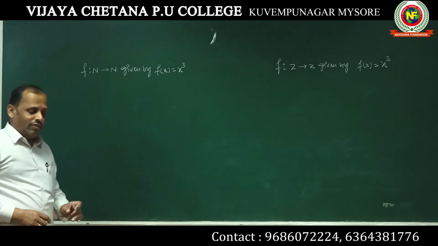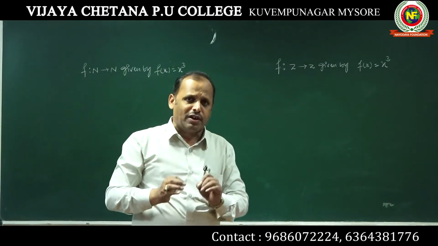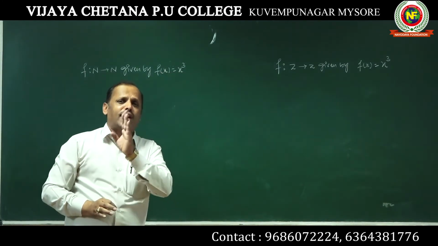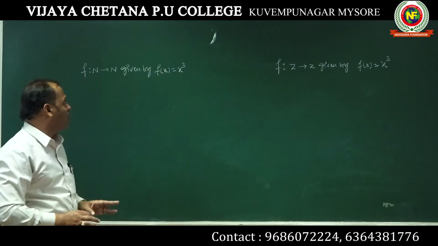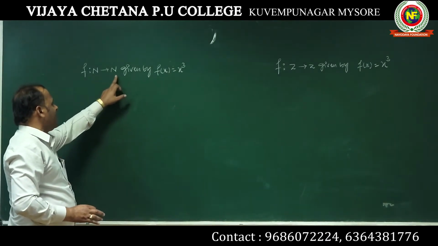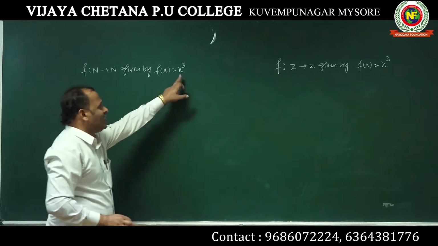Now here I will take one more example, one more question, to check whether it is 1-1 and onto. The function from N to N is given by f of x equals x cube.